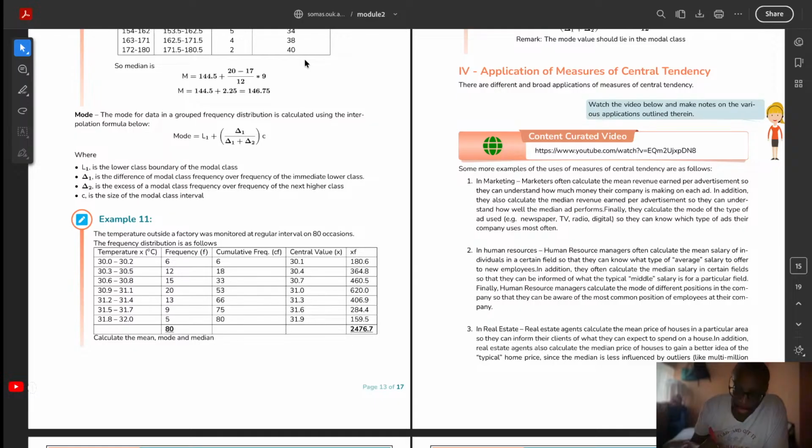In marketing, and how do we use measures of central tendency in marketing?